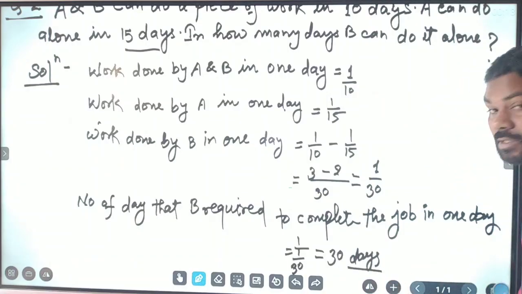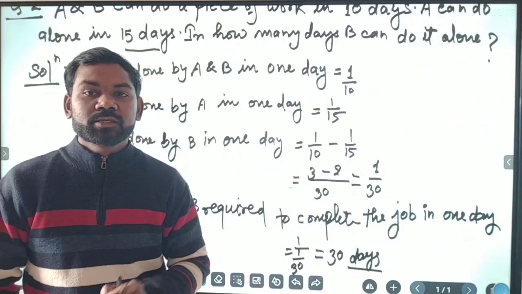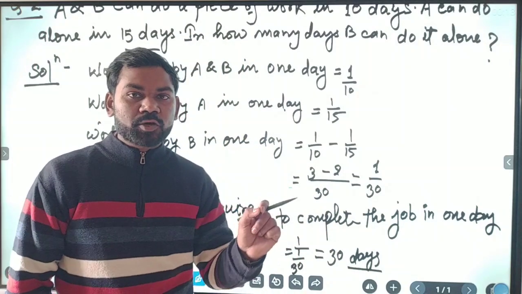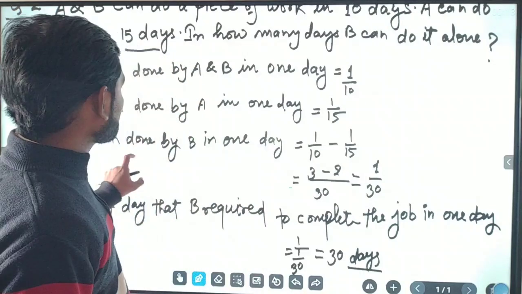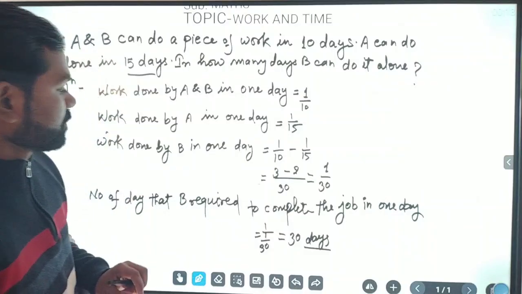So these 30 days represent the number of days required by B to complete this job alone. This is the solution of the question.